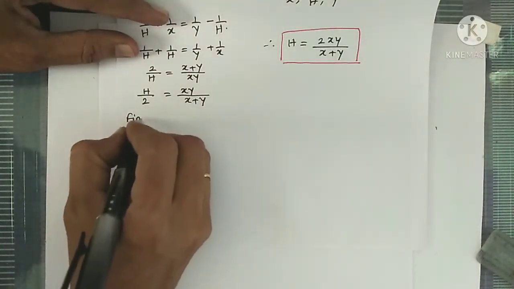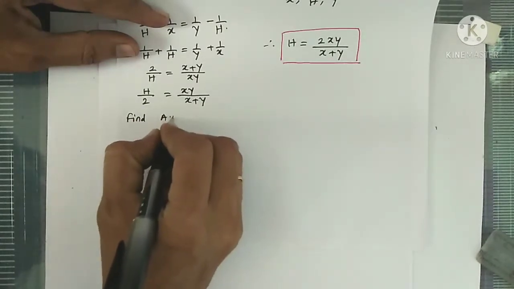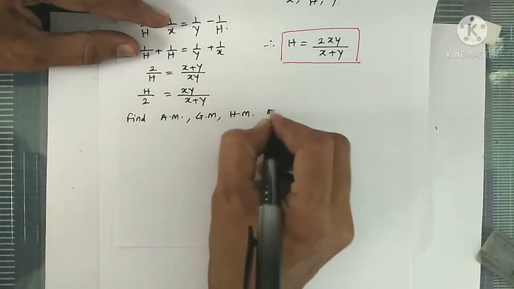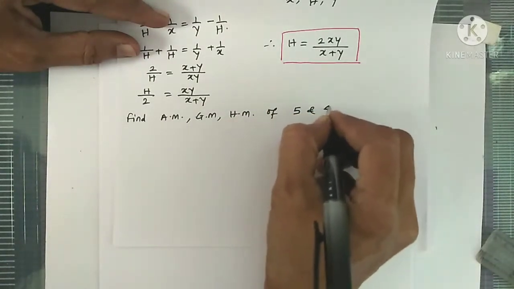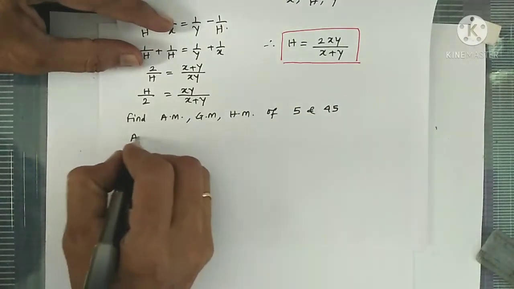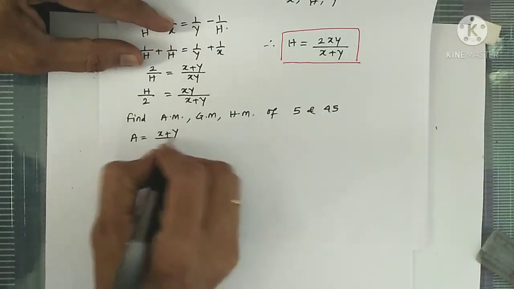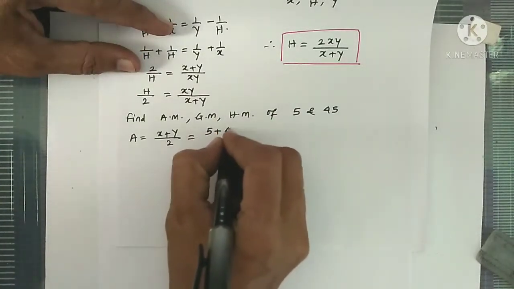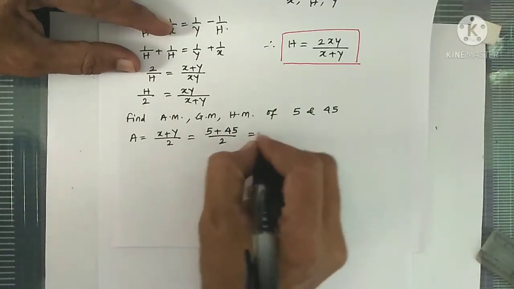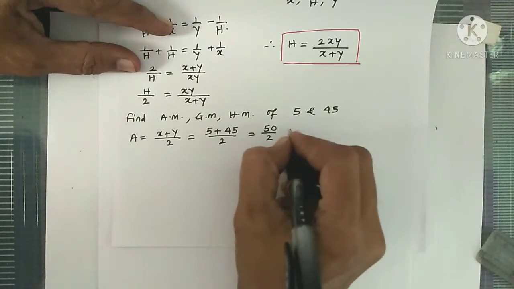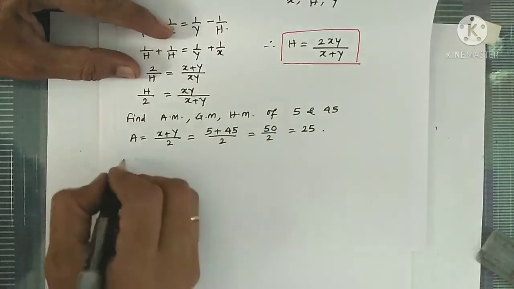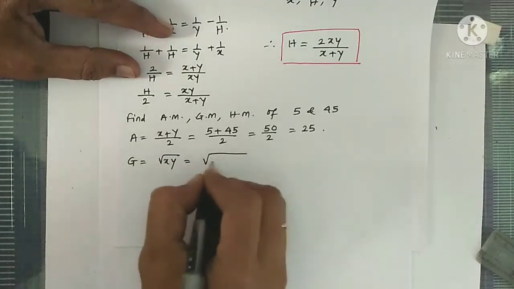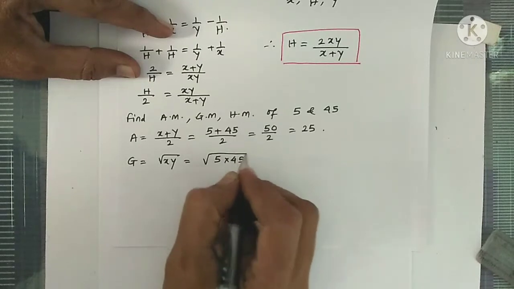So let's find out AM, GM and HM of the numbers 5 and 45. So arithmetic mean formula is (x plus y) by 2. So that is 5 plus 45 divided by 2 equal to 50 upon 2, that is 25. Now geometric mean is root xy, that is root of 5 into 45.